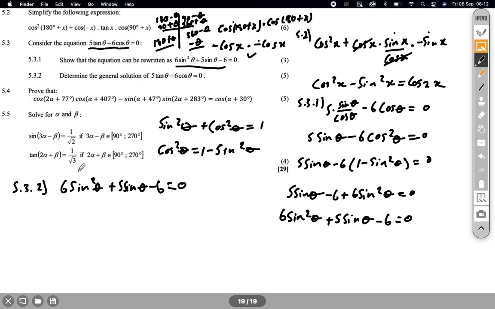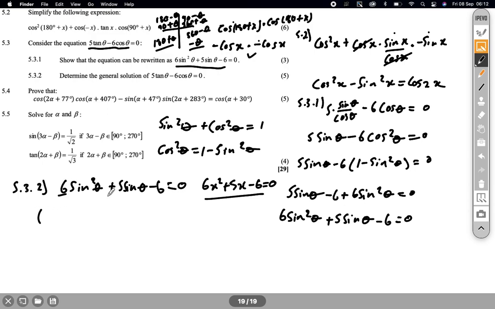Okay, now here we need to treat this as a quadratic form. So imagine you have 6x squared plus 5x minus 6 equals 0. Now you're just solving for sine. It's no different than this. So we're going to open up two brackets, or you can go to your quadratic formula.